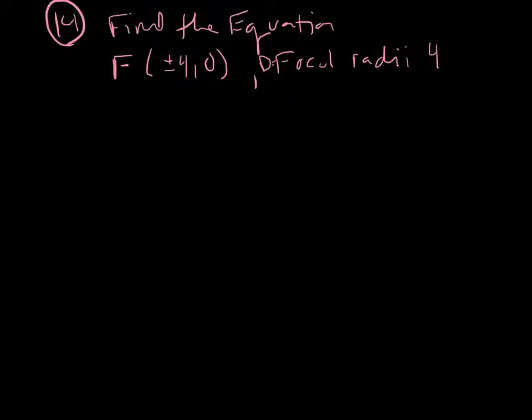Okay, so this focal radii piece I haven't really talked about how it works, but the idea is if we know our foci are left and right 4, then I know the distance from the box left to right, our vertices, is half of that.